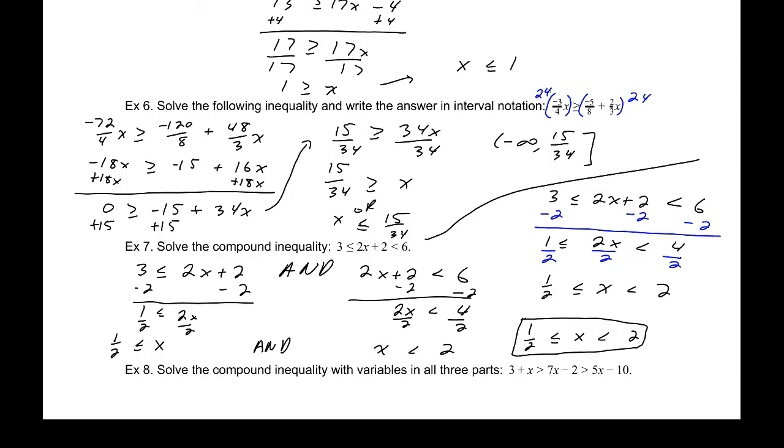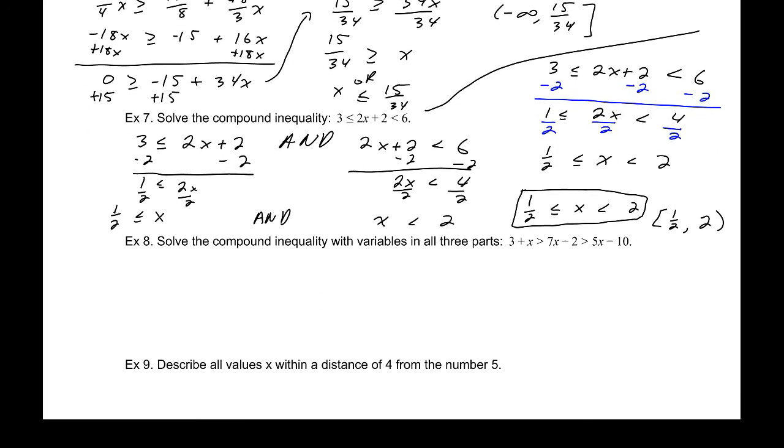Now you see we ended up with the same solution in both ways. So the way that you do it does not matter. However, I do suggest the first way I do this, at least for a while. Now to write this in interval notation, the left endpoint is 1/2. The right endpoint is 2. 1/2 is included. 2 is not.